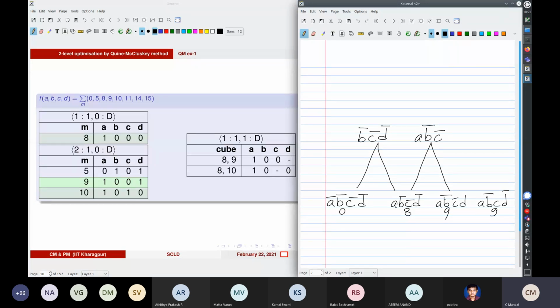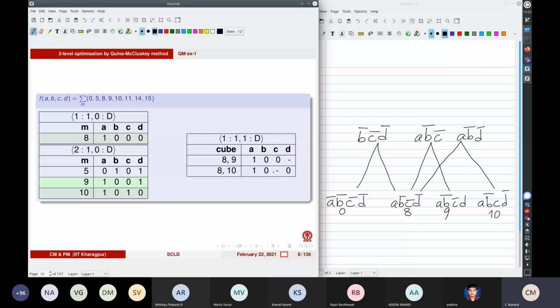This is 9, and I am considering 10 now. When I combine these two, I get A, B bar, D bar. Okay, so this is what I get.